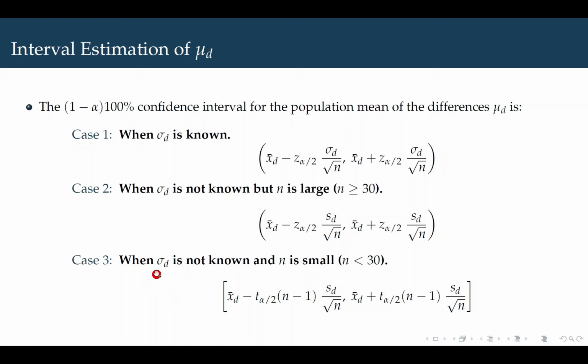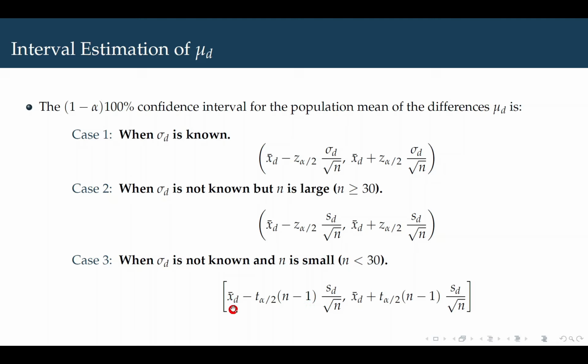But if the population standard deviation or the population variance of the differences is not known, and at the same time the sample size is small, specifically less than 30, then the critical value or tabulated value for the confidence interval is based on a t distribution, and this critical value is t alpha over 2 with n minus 1 degrees of freedom.